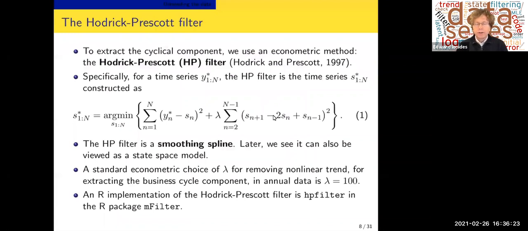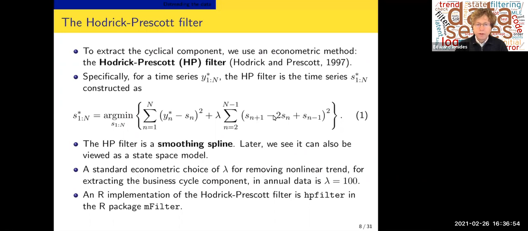What we're going to do in this case study, we're going to detrend the way many econometricians do. We're going to use the Hodrick-Prescott filter, which has this form in equation 1. If we have a time series y_n*, then we can smooth it to a series s_n* following this recipe.